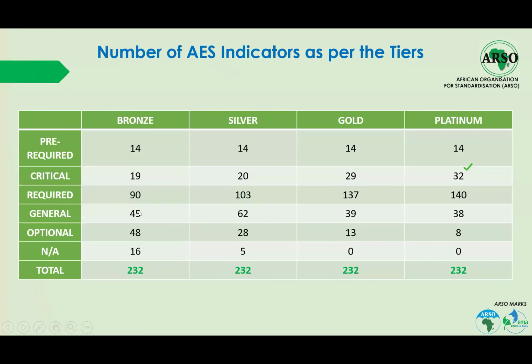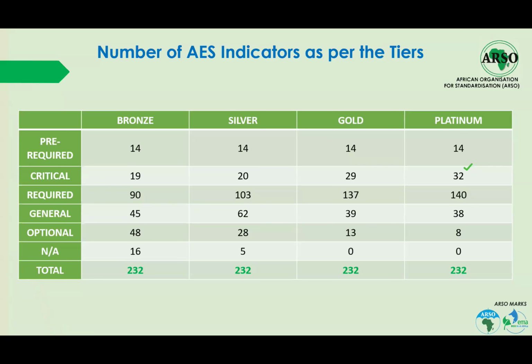So we have a table where now we see what the requirements are for these particular standards. I told you the standards on agriculture, eco-labeling and sustainability. The pre-required requirements under a bronze. A bronze is a low level of performance. It's a tier.